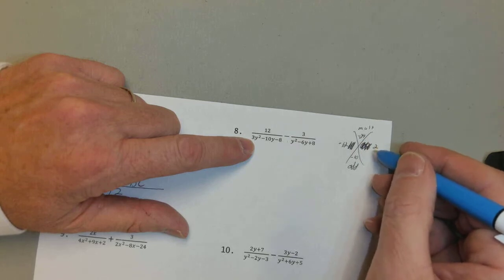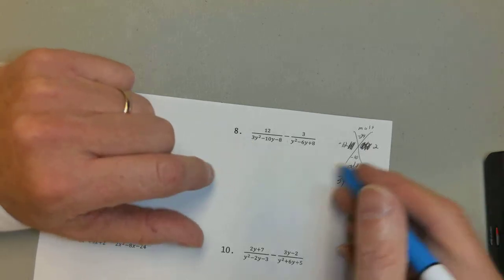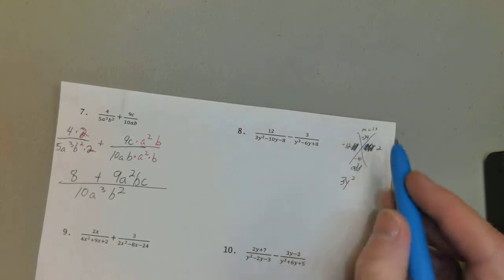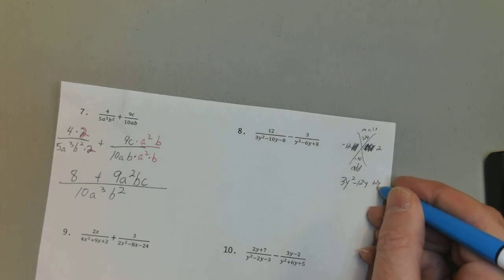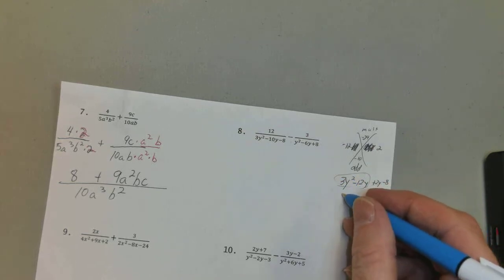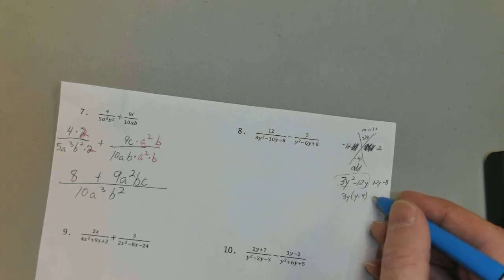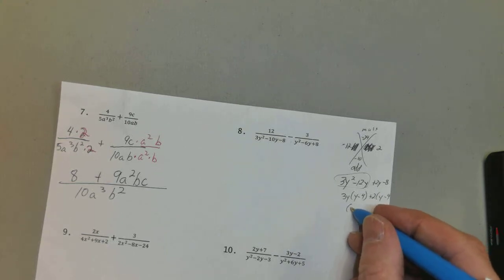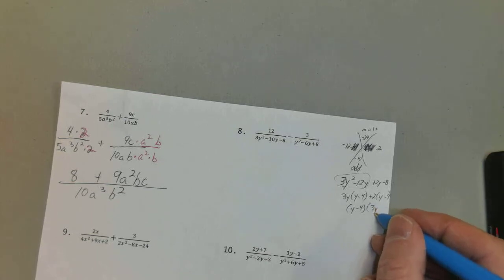Negative 12 plus positive 2 is negative 10. So just be careful. Sometimes you'll have something that you can get through addition or subtraction, but you got to pay attention to the signs. So I got 3y squared minus 12y plus 2y minus 8. All right, GCF, we're looking at 3y, and then y minus 4 here, plus 2 times y minus 4 here. So y minus 4 is that GCF between these two terms now, times 3y plus 2.